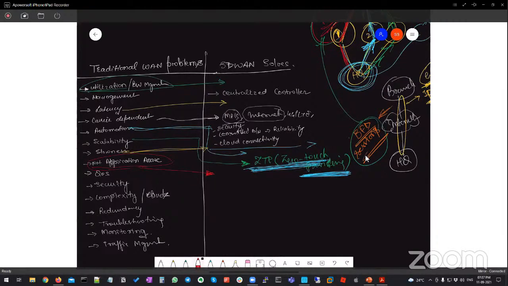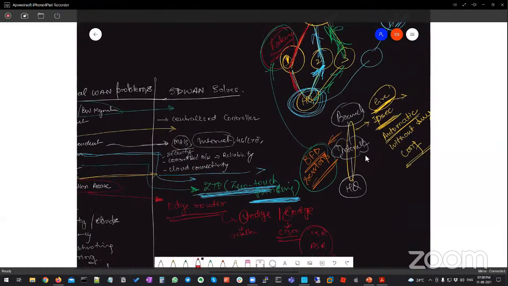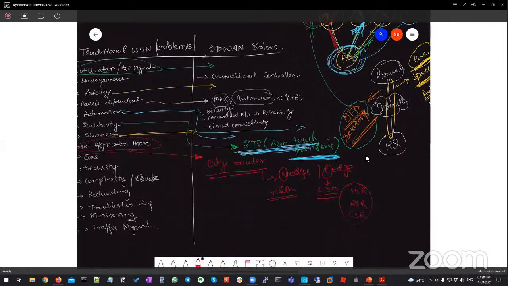By default, your edge router, and I'm going to talk about the models, which are vEdge and cEdge, where v means the Viptela router and cEdge is the Cisco router. In Cisco, it supports different models like ISR, ASR and CSR, and Viptela has its own models, like vEdge 100, 200, like that.